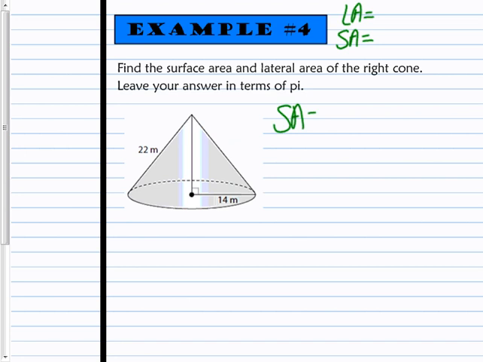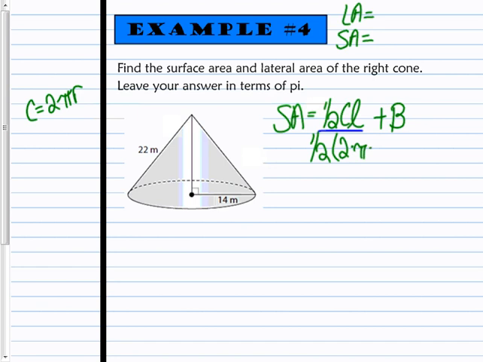Surface area is 1/2 the circumference times the slant height, which is also the lateral area, plus area of the base. Okay? 1/2 circumference. Circumference is 2 pi r. So 1/2, 2 times pi times my radius. My radius is at the center to the edge. My radius is 14, plus area of the base.